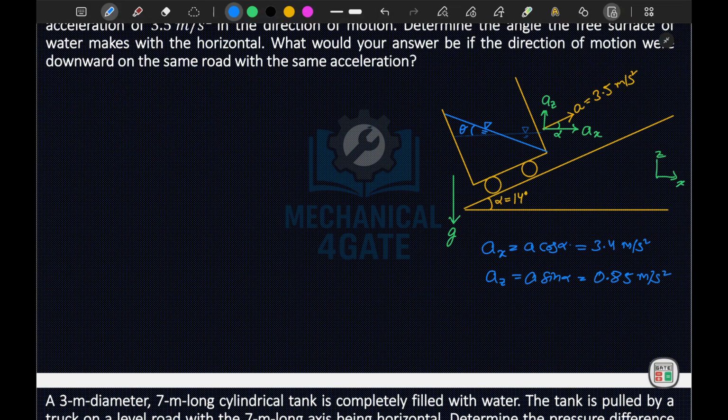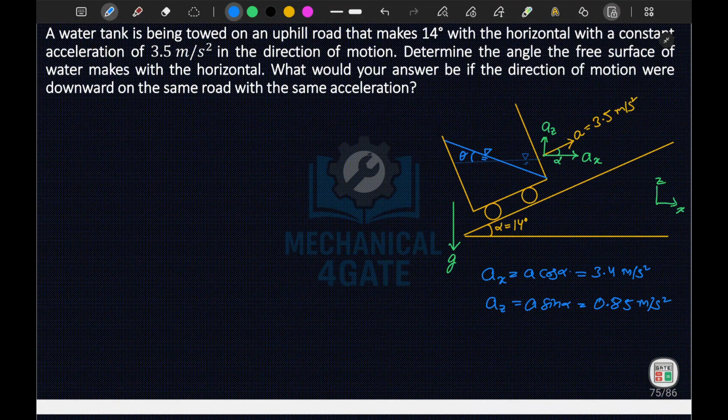Now using this ax and az, your system again becomes like the previous systems. So here I can say that tan theta is equal to ax upon g plus az. If I substitute the values here, ax is 3.4 divided by g value 9.81 plus az, that is 0.85.